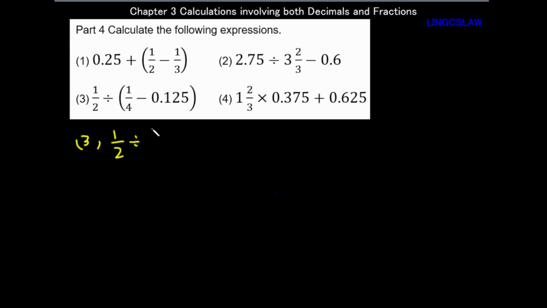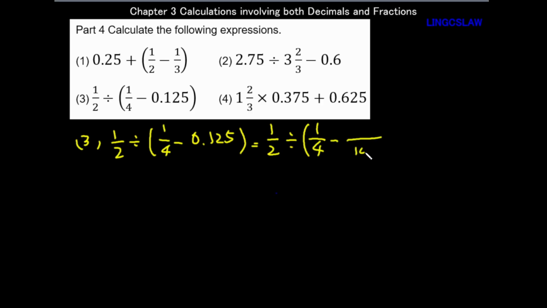1/2 divided by 1/4 minus 0.125 equals 1/2 divided by 1/4 minus denominator 1000 and the numerator 125, and let's divide this by 25.